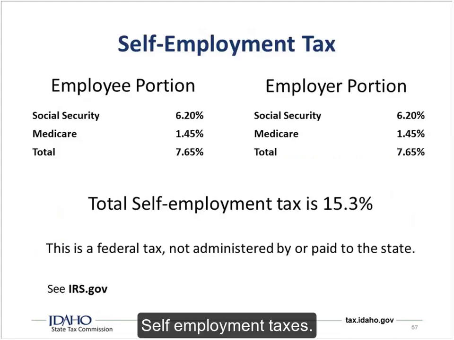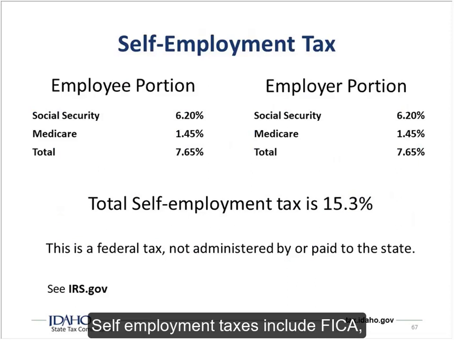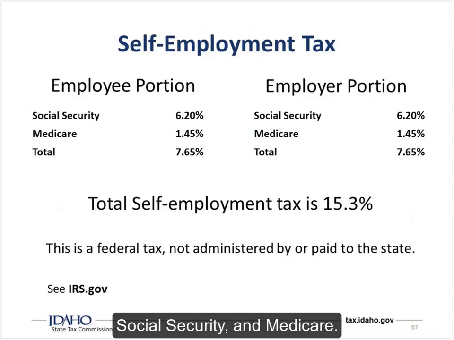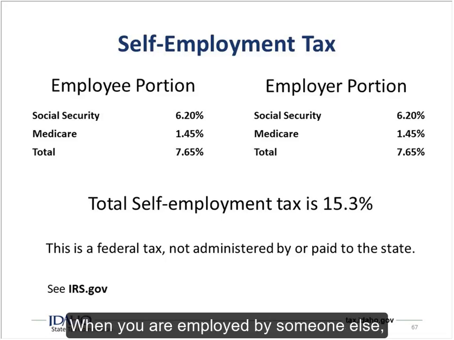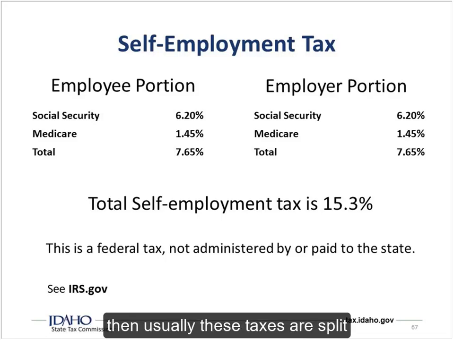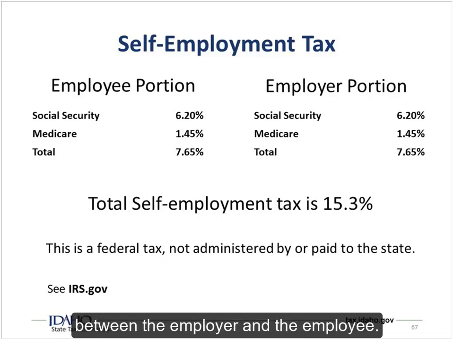Self-employment taxes. Self-employment taxes include FICA, Social Security, and Medicare. You must pay this on your own if you're self-employed. Even if you're starting a business as a side business, that amount has to be paid. When you are employed by someone else, usually these taxes are split between the employer and the employee.